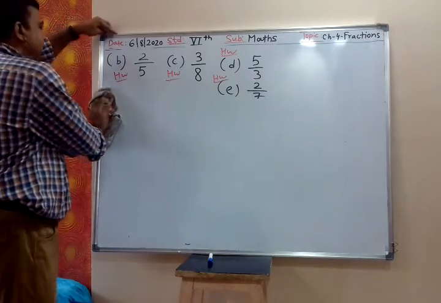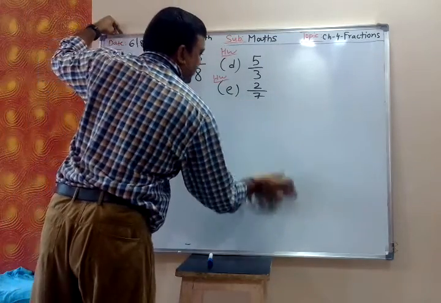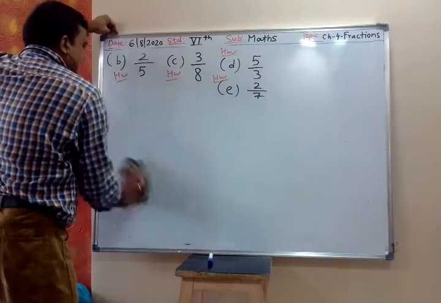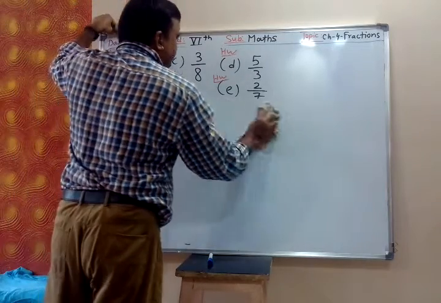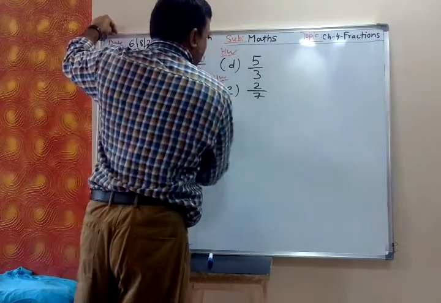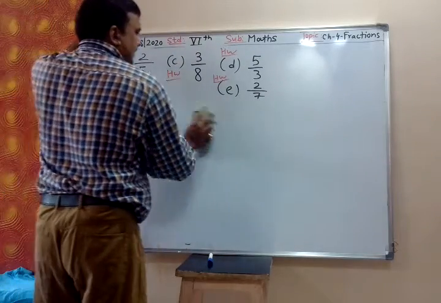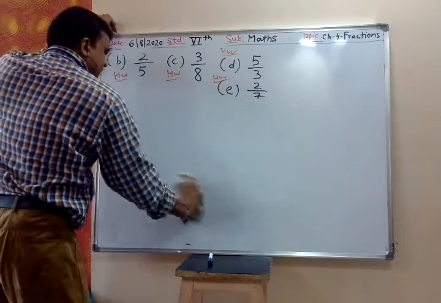You cannot multiply by 1, because you get the same fraction. We want 3 different fractions, so I will multiply and divide by 2, 3, 4, 5, 6, 7, 8, 9, 10. By any number you can multiply. I have taken 2, 3, 4, but you can take 5, 6, 7, 8, 9, no problem. But you have to take 3 different numbers for multiplication.